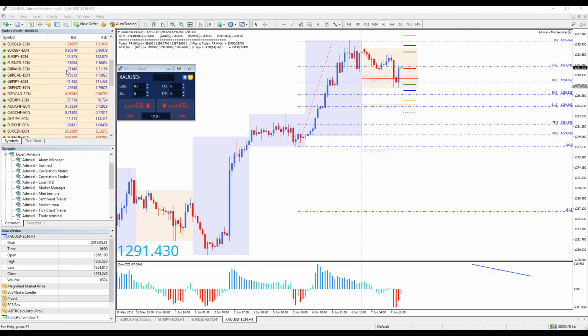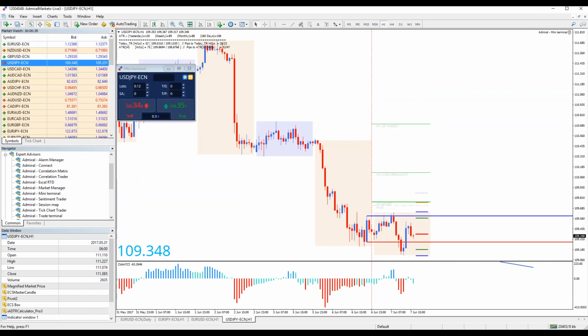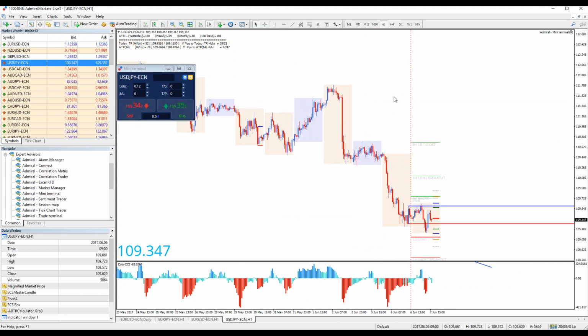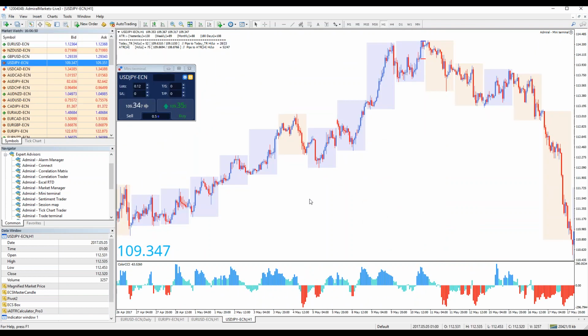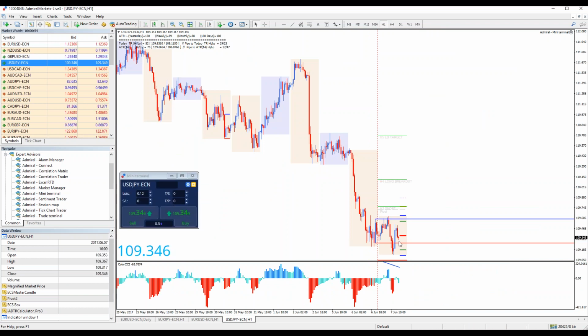Dollar yen. This is a big drop on dollar yen. And definitely here we have a support. The support is close.